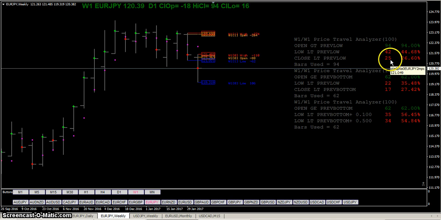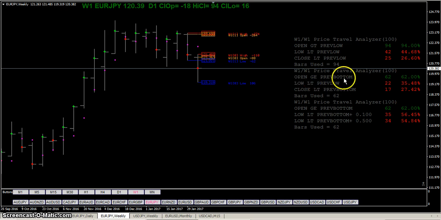Okay? So in other words, in this case, if you would have gone short at the previous low, and you just rode the trade 25 times, you would have closed positive. In other words, if you went short.